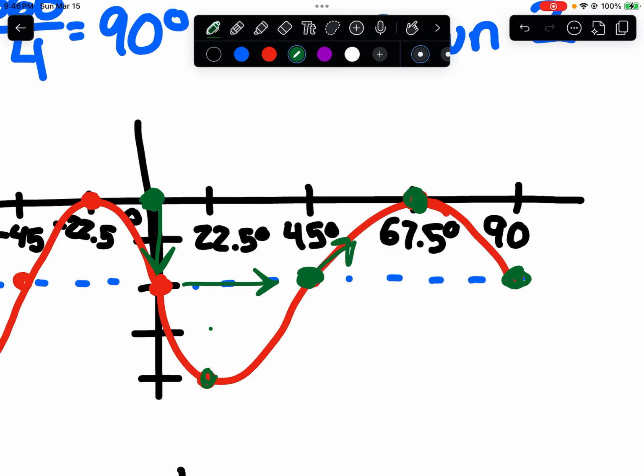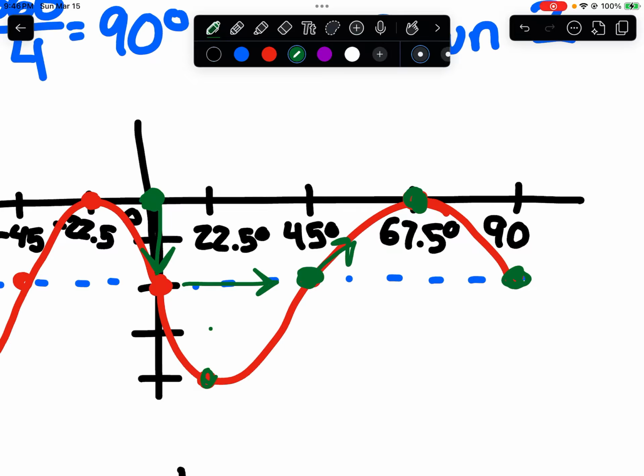So if you wanted to do something different here, and whatever makes more sense in your brain, this is going to allow you to keep things more centered on that T-chart thing that we've been using.